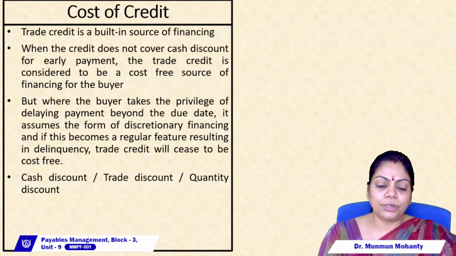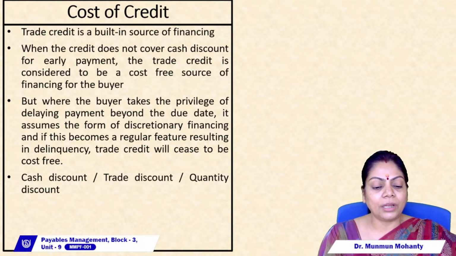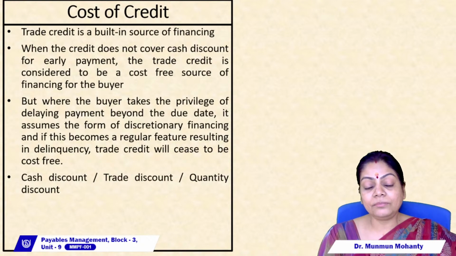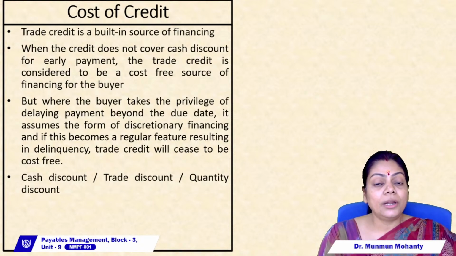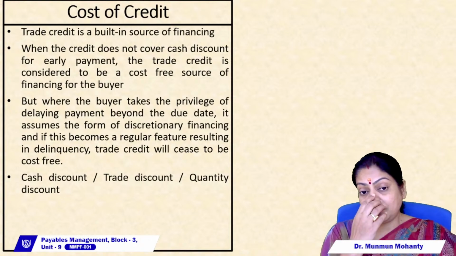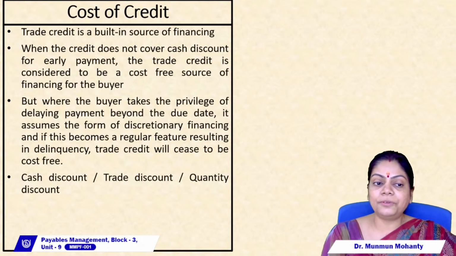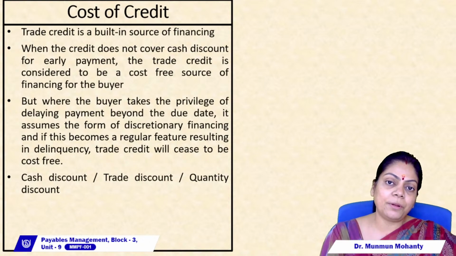When you give the trade credit, since it is regarded as cost free, there is a tendency to delay the payment of cash, because it is considered a cost free source of financing by the buyer. That is the reason why the buyer might take the privilege of trying to delay the payment.